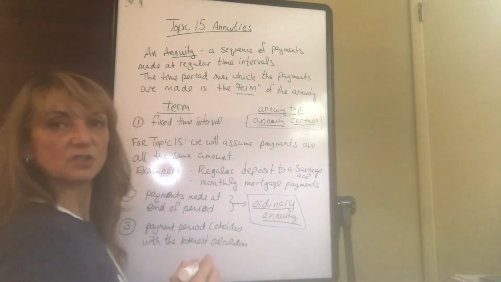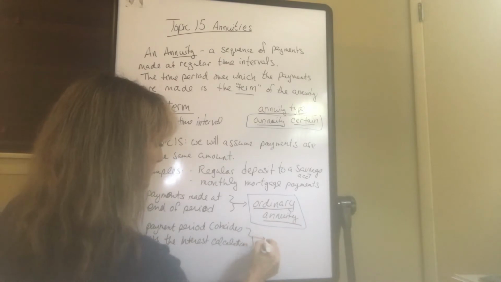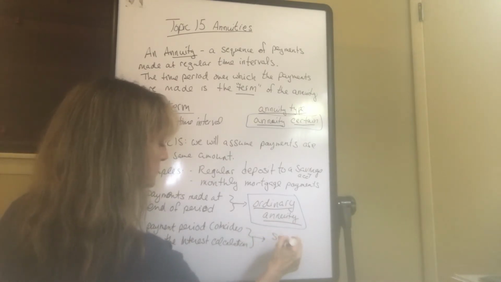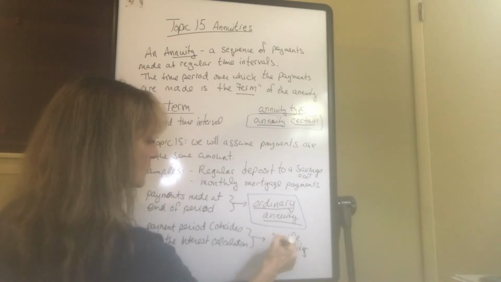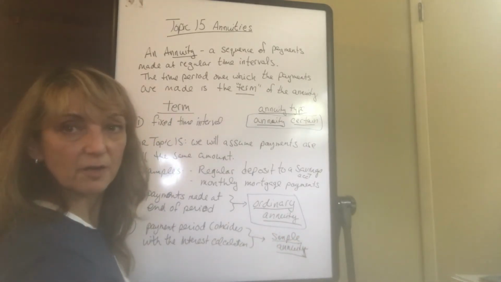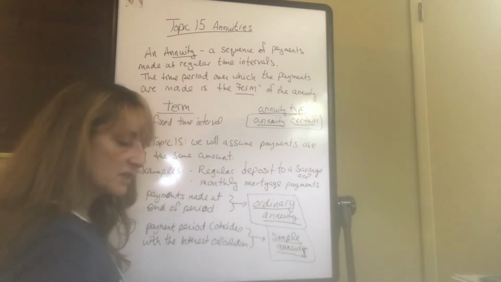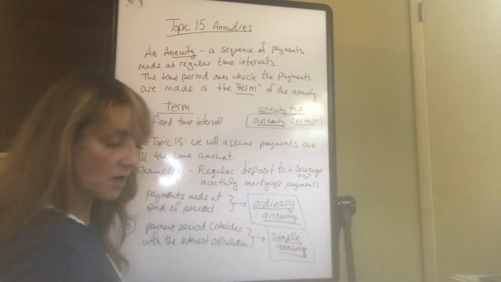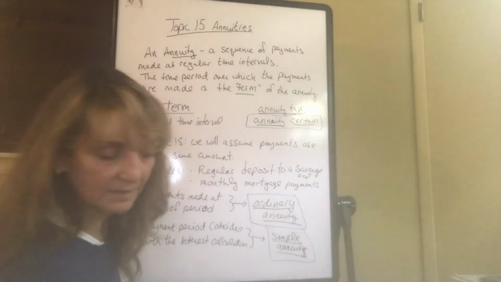This is what's called a simple annuity. Once again, that's the kind we're going to be talking about. You can also have ones that don't coincide, and those are called complex annuities. As you can imagine, they're more complex.